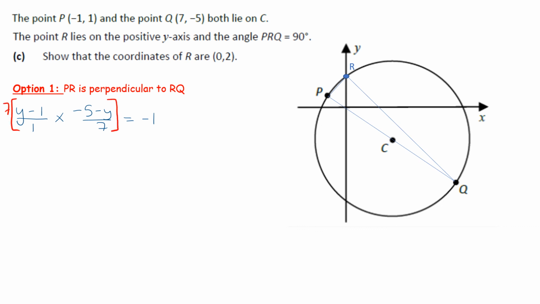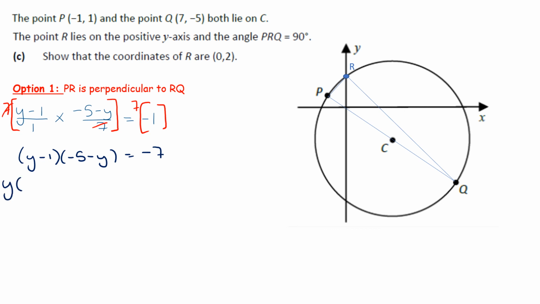Let's multiply across by 7 to get rid of that denominator. If you struggle with fractions, you might want to combine them first. So we get y minus 1 by minus 5 minus y is equal to minus 7.